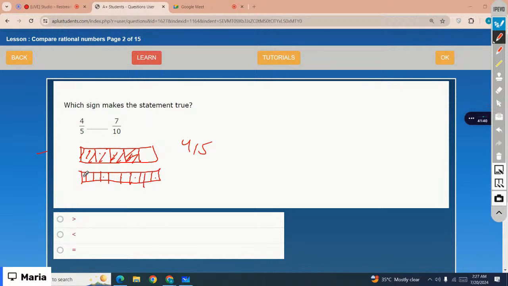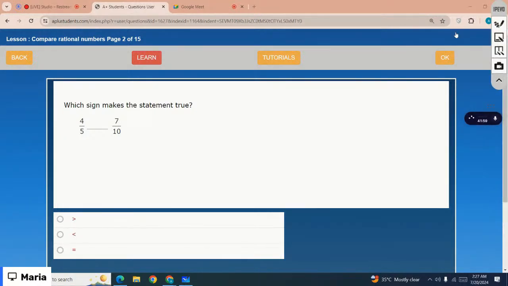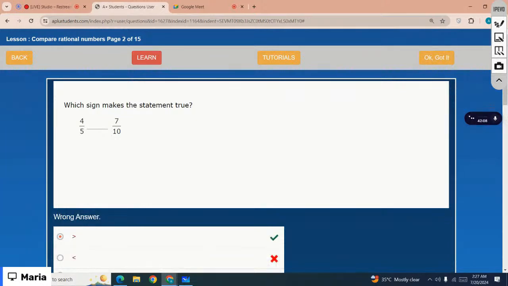You have 7 of them colored. So which is more, 4 by 5 or 7 over 10? 4 by 5 is greater than 7 over 10.